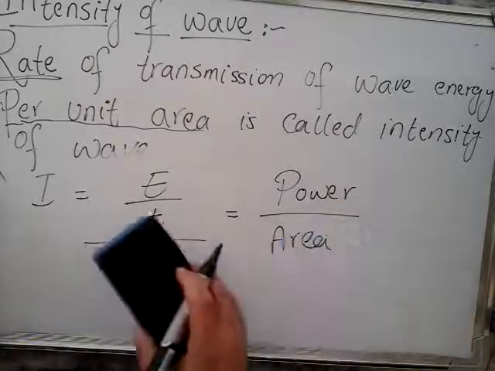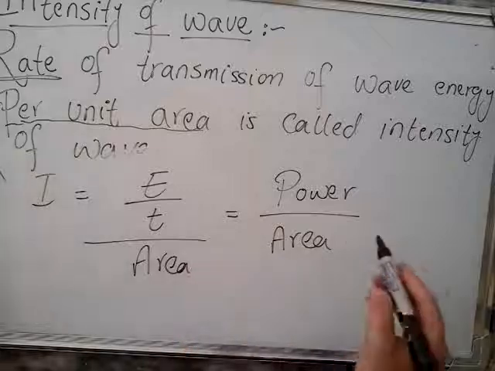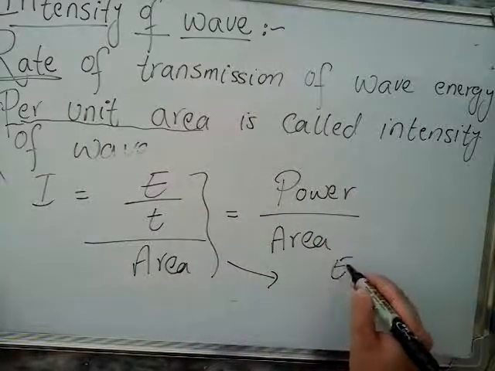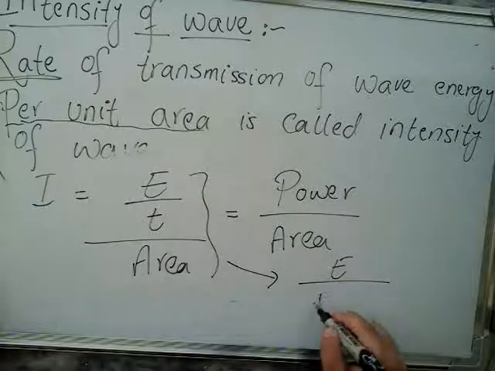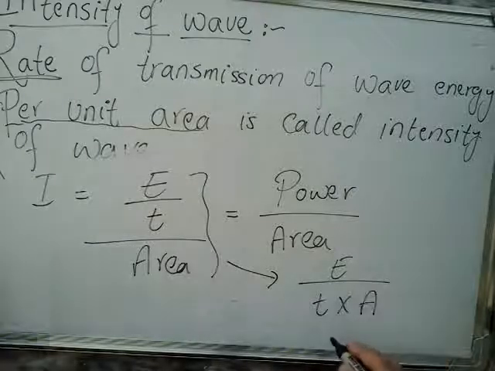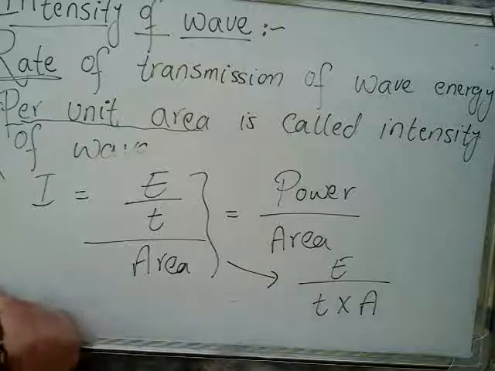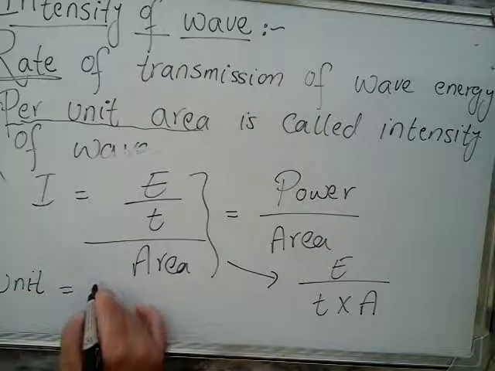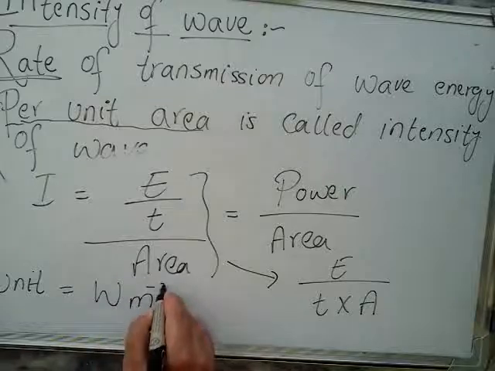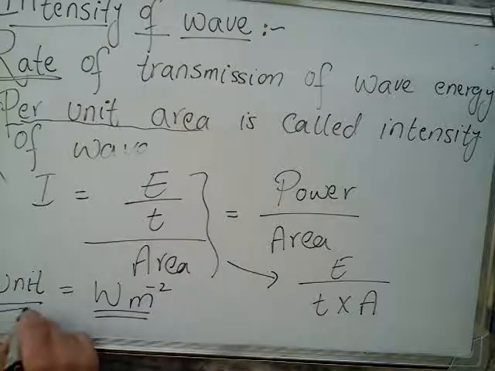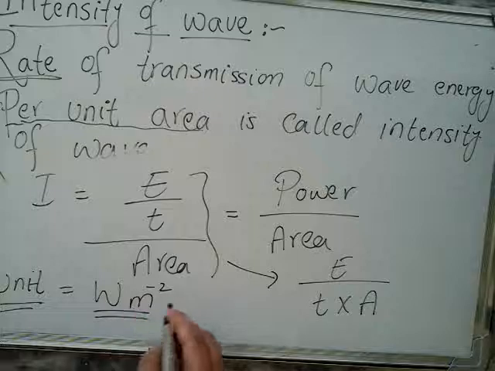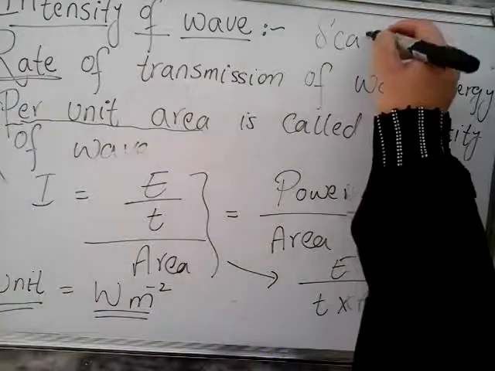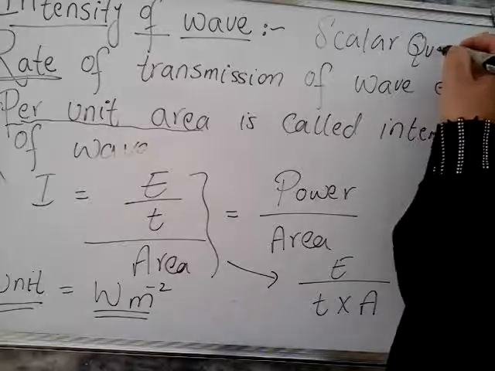This formula can also be written as intensity equals energy divided by time multiplied by area. Its unit is watt per meter square, and intensity is a scalar quantity. Keep in mind that it is a scalar quantity.